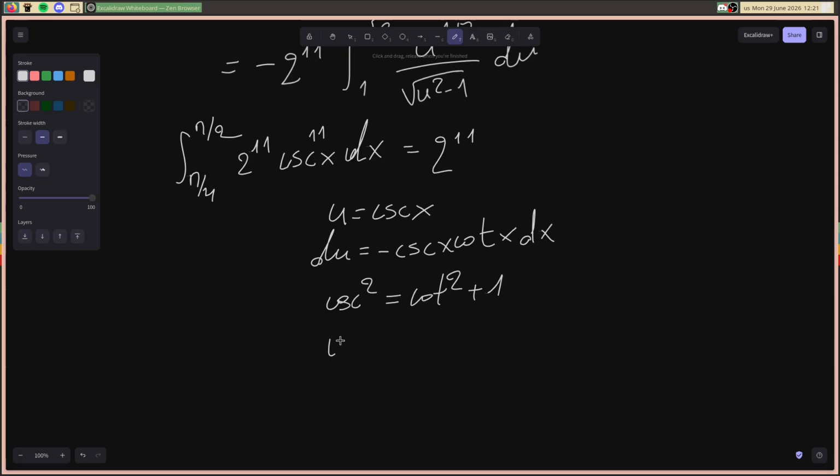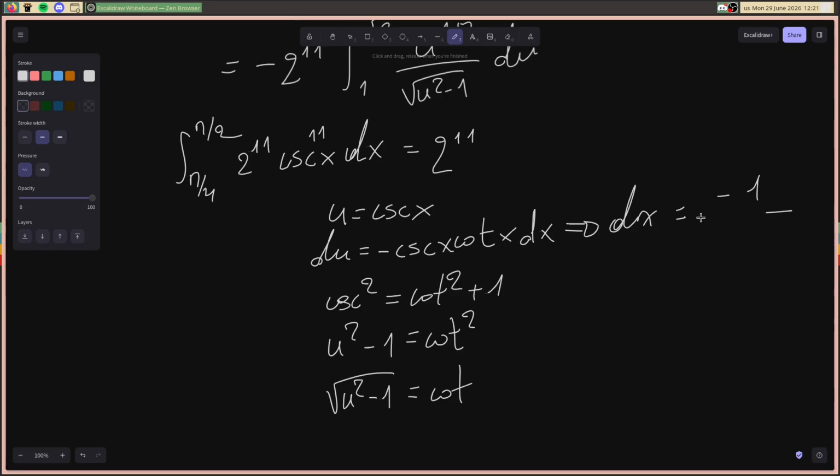We can write u squared minus 1 as cotangent squared, and since cotangent is positive on the interval pi over 4 to pi over 2, this can just be written as the square root of u squared minus 1 equal cotangent x. So in the end, we get that dx is equal to negative 1 over u square root of u squared minus 1 du.